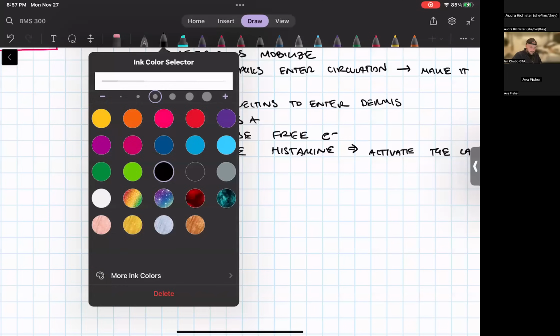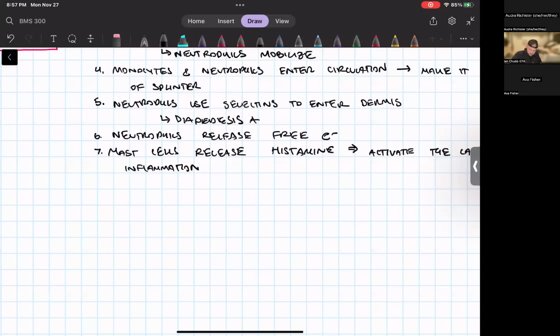What are the 4 cardinal signs of inflammation? Heat. Perfect. Redness, perfect. Swelling, great. What's the last one? Pain.